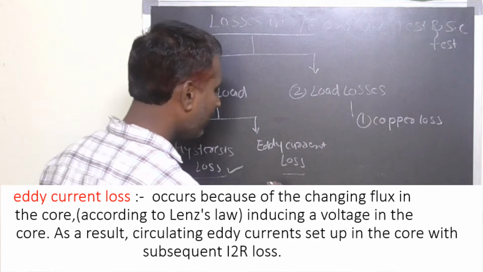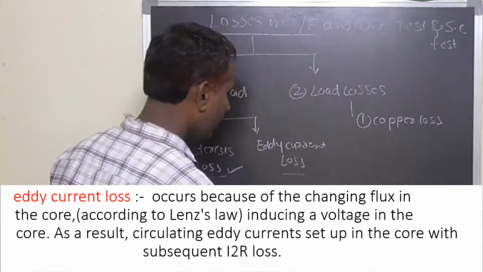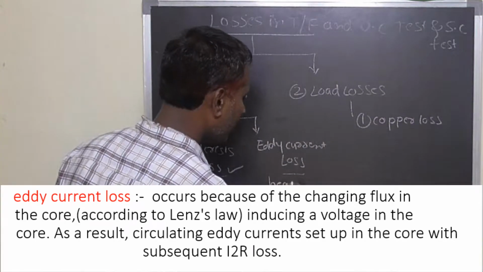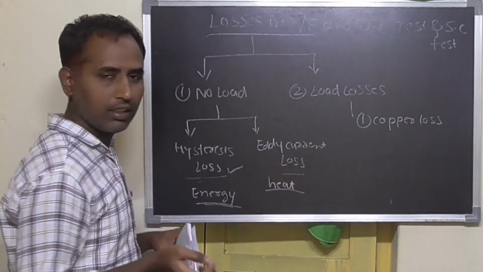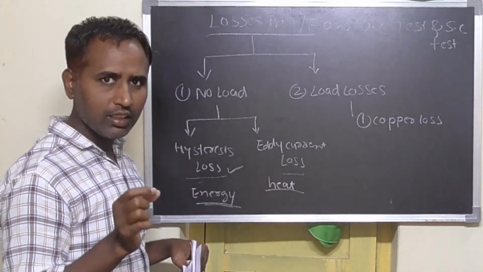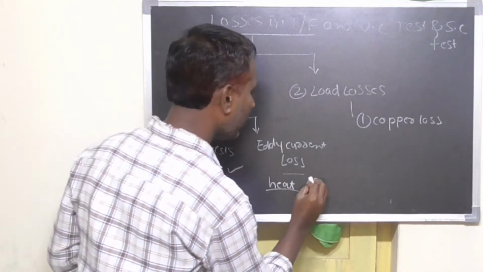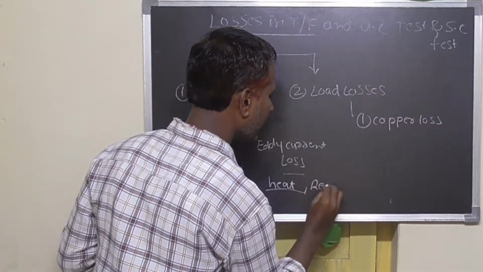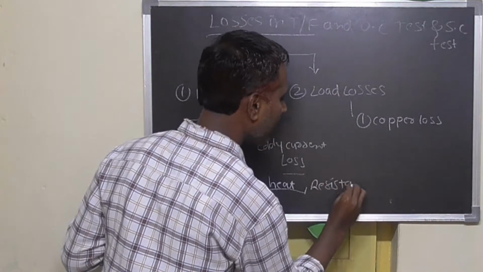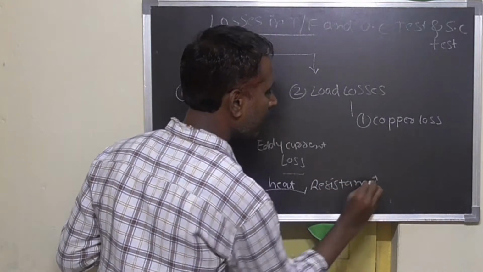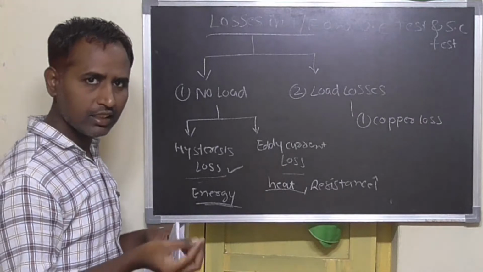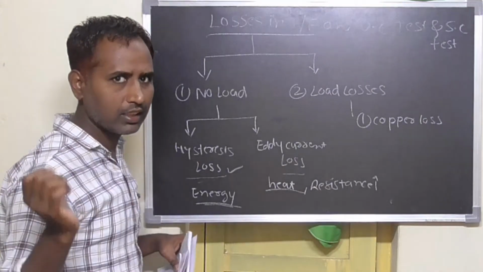The winding becomes heated. Because of the winding heat, the resistance increases. If resistance increases, a voltage drop occurs.